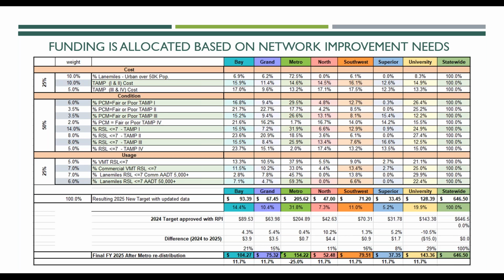So this has been important for us even before the TAMP, but we added these TAMP elements to it in order to make sure that the goals and the values that we expressed in the TAMP were being reflected in our call for projects and STIP process, in terms of we were actually going to put our money where our mouth is. And we found that to be very helpful and easy to explain, especially over time as new staff have come and gone, both at the central office and at the MDOT 7 regions.